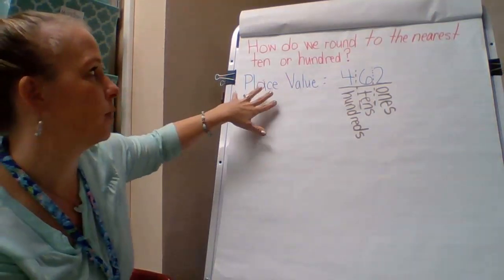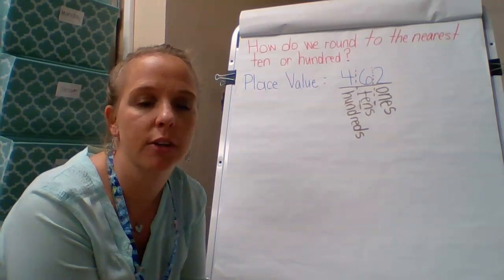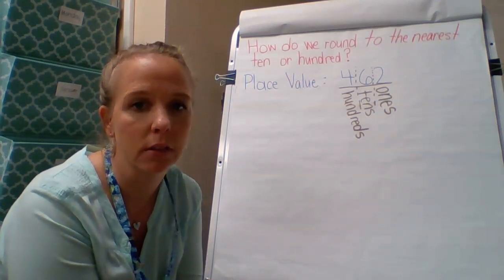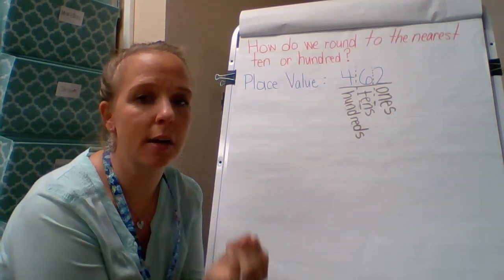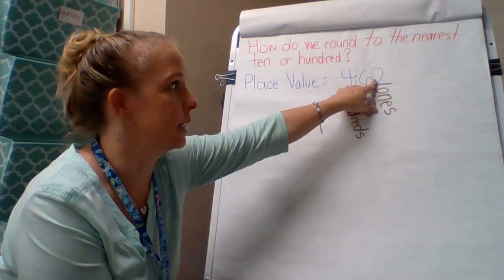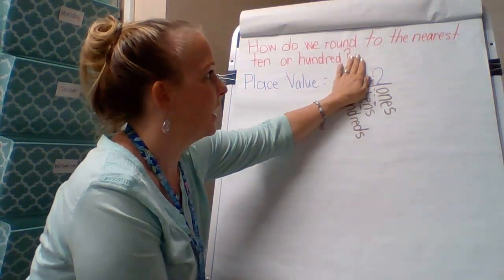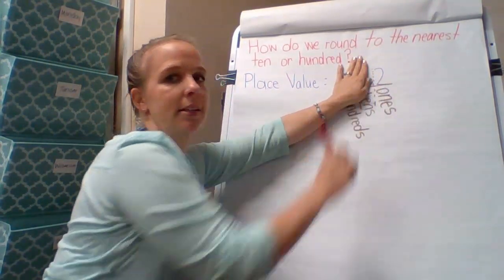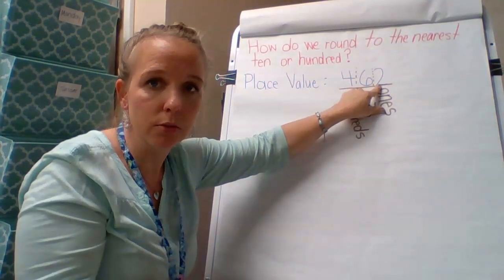Alrighty, I went ahead and put our place value up here because we have to know what place value is in order to round. So what is place value? Place value is the number value a number represents based on where it is in the number. So I hide this. This is my ones place. There are only 2 ones. This is equal to 2.